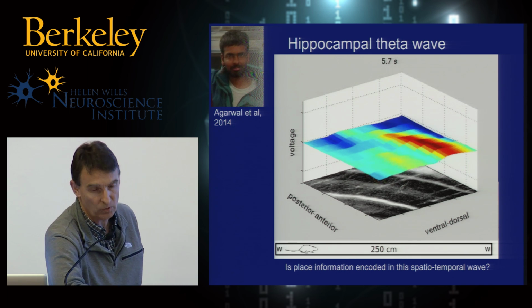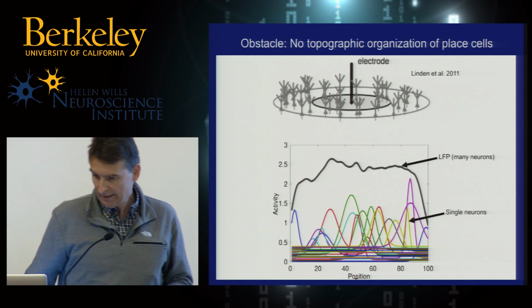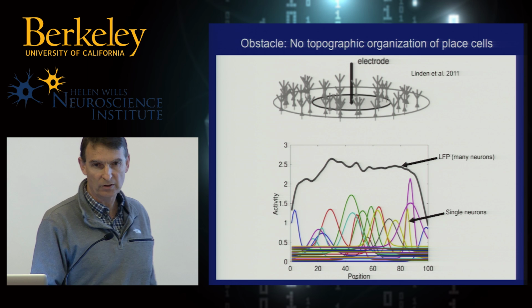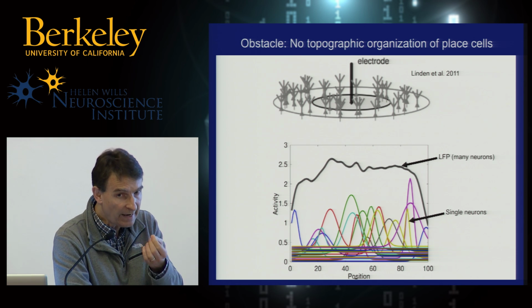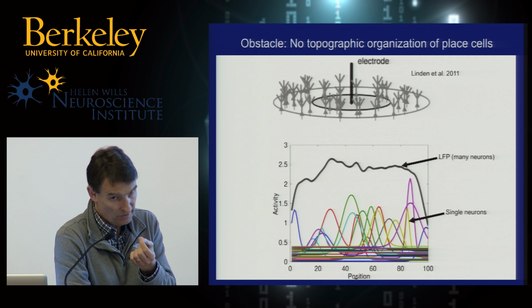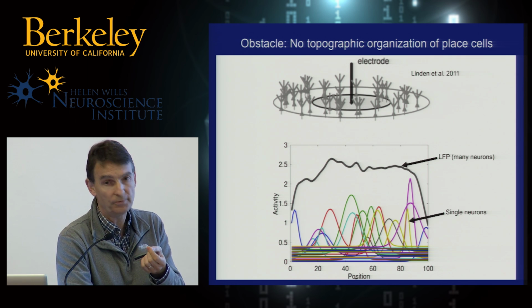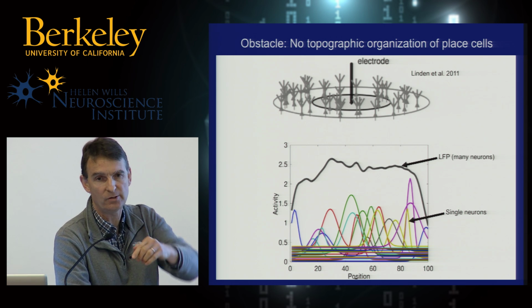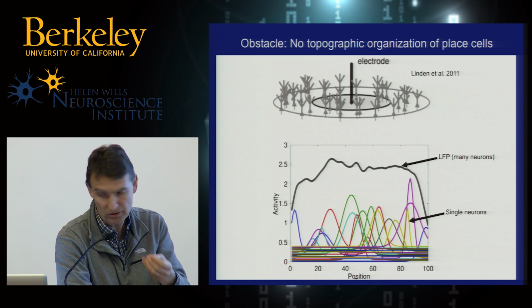Can we decode where the animal is in the environment? In the hippocampus, the decoding question is difficult because there is no topography. So nearby place cells are not nearby in the hippocampus. Therefore, these are very mixed signals, unlike V1 and A1, where often even if you measure on one electrode and you do not sort spikes, you get a very nice preference in orientation angle or in the feature.